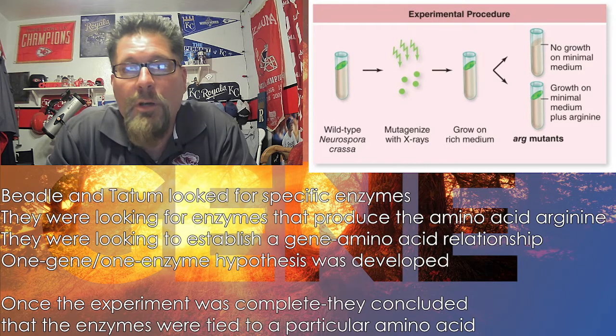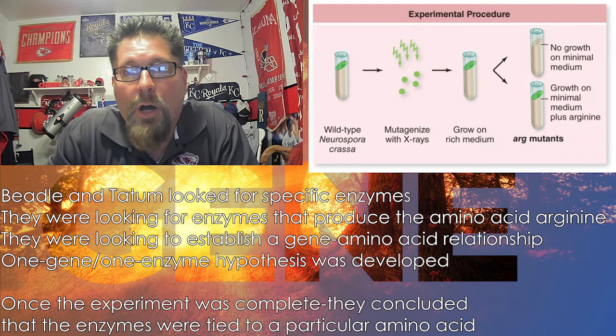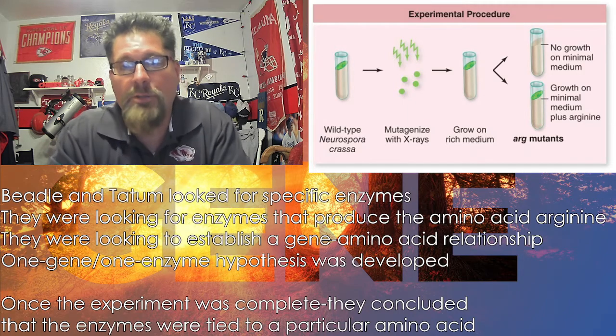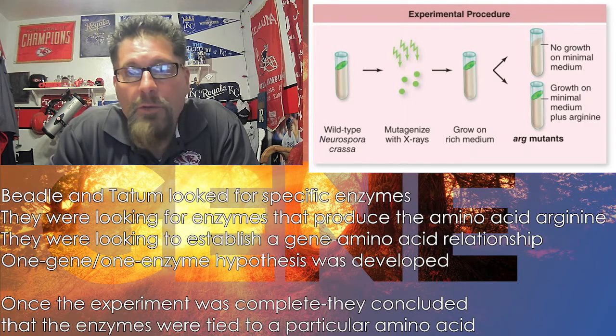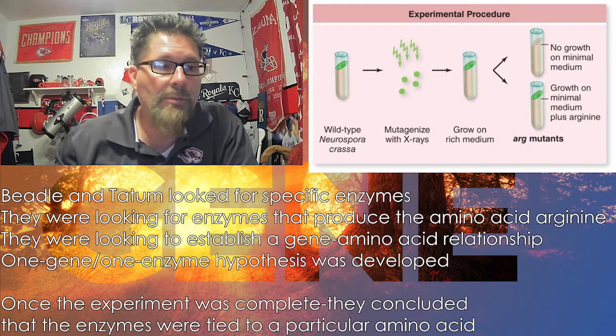In this particular case they were after amino acids that were either not produced or not added to RNA strands. Their big goal was to develop a one gene, one amino acid relationship. And they concluded that there are genes associated with individual, particular amino acids.